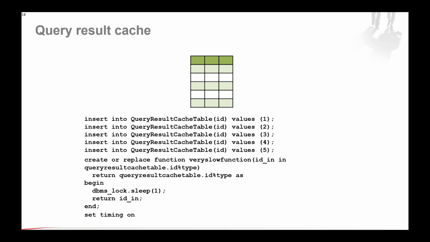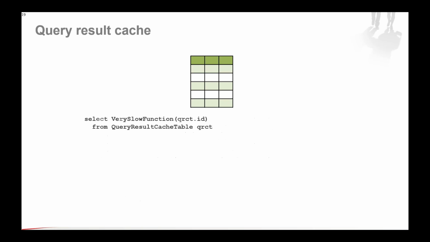If I set my timing on, and if I select the slow function with all the data in the table, it executes in just about 5 seconds, which makes sense. 5 records, 5 times a sleep for a second, and that's the timing you get.